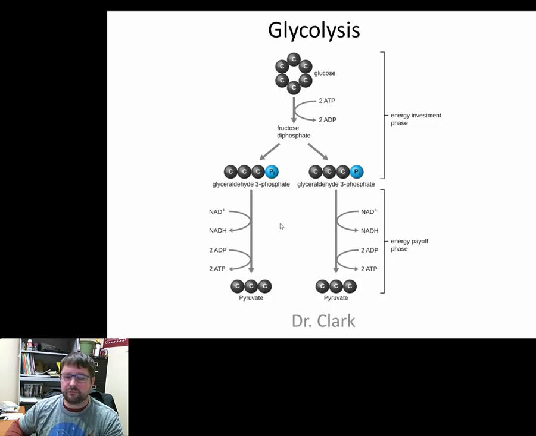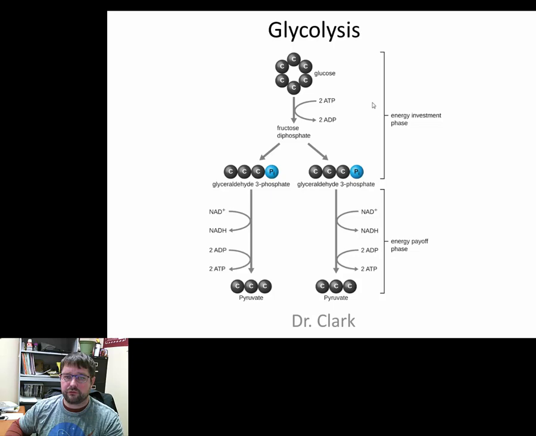That glyceraldehyde 3-phosphate then gets further processed, right? And we call that being oxidized because we're going to remove electrons and hydrogen ions from it. And then we're going to utilize the energy to reform ATP.